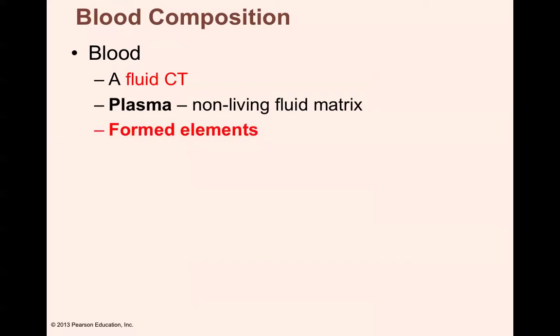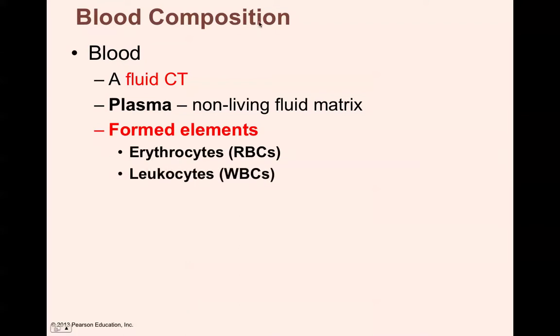You may remember from Biology 263, A&P 1, that blood is actually a connective tissue, and it has a fluid matrix. So we say that blood is a fluid connective tissue. The plasma is the non-living fluid matrix that surrounds the formed elements or cells.